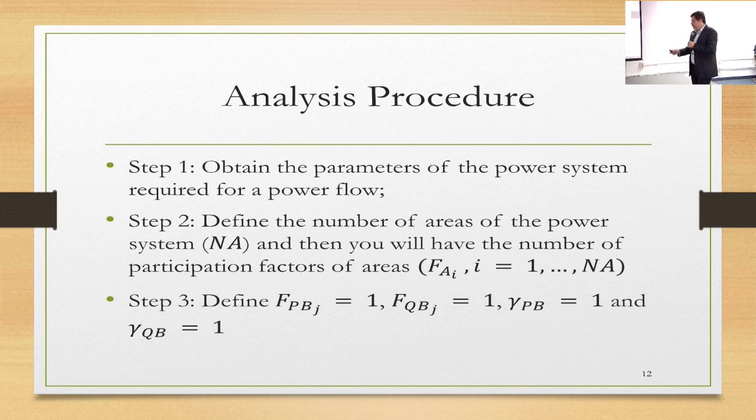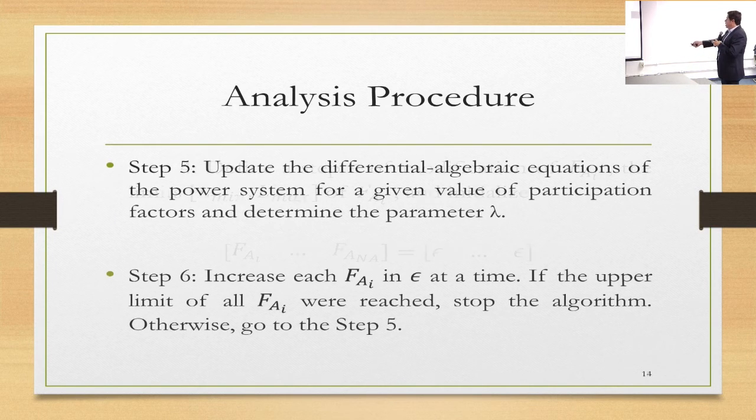So in this case, if you scan the participation factors of the areas, increasing one and decreasing another, you insert the uncertainty in the calculation of the voltage stability margin. And so you increase the participation factors until the upper limit is reached, and then you will have the final result.